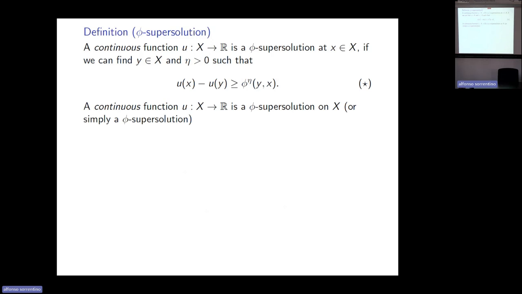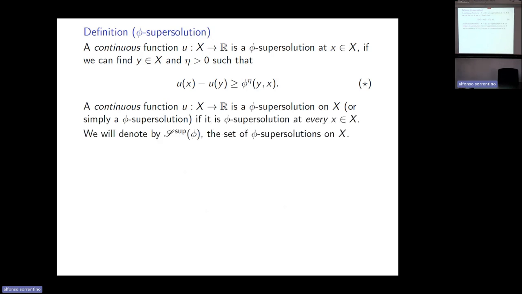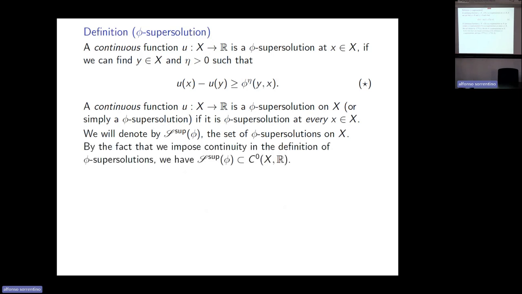A continuous function is a phi supersolution on X if it's a phi supersolution at every x. We will denote by S^phi the set of phi supersolutions. Now we have to impose continuity because it doesn't follow from anything here, contrary to subsolutions, which were automatically continuous.